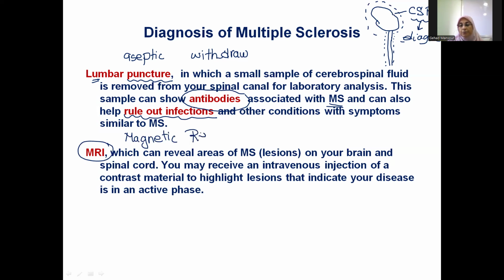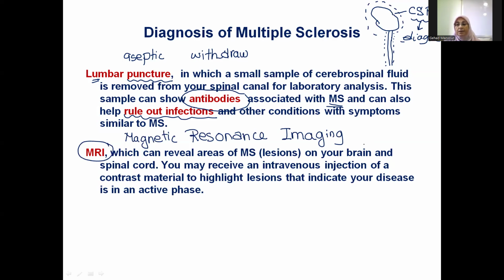Magnetic resonance imaging is a very useful tool of imaging, especially of the brain, and it can detect a wide array of neurological diseases affecting the brain and the spinal cord. And it's not a CT scan.